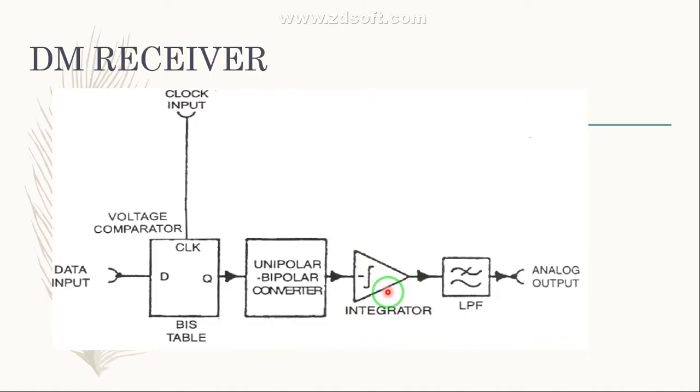The output of this integrator could be a rising linear ramp signal when -4 is applied to it, corresponding to binary 1.